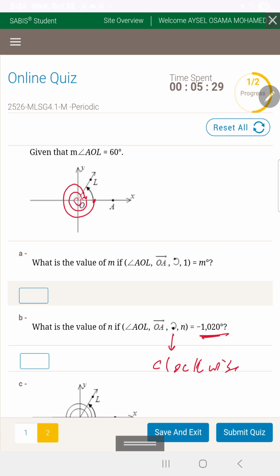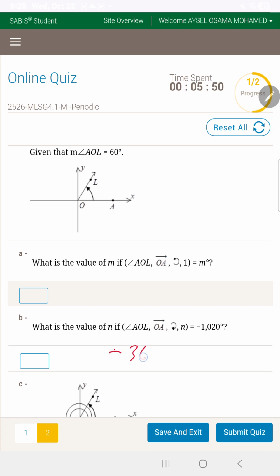Then again you have to move more until you reach OL. This means you have moved negative 360 minus 360 and then minus 300 to get this amount. I repeat one more time: minus 360, minus 360, then minus 300 to get this amount. This means n must be 2, 2 complete revolutions or rotations.